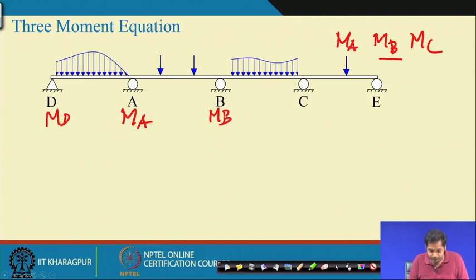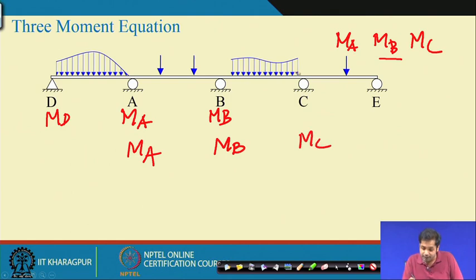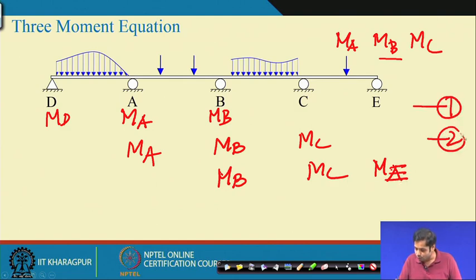If we consider the compatibility equation at B, then we have a relation between MA, MB and MC. Similarly, if we consider the compatibility equation at C, then we have a relation between MB, MC and ME. So, essentially we have three equations, equation 1, equation 2 and equation 3, obtained by satisfying compatibility at A, B and C, written in terms of moments.